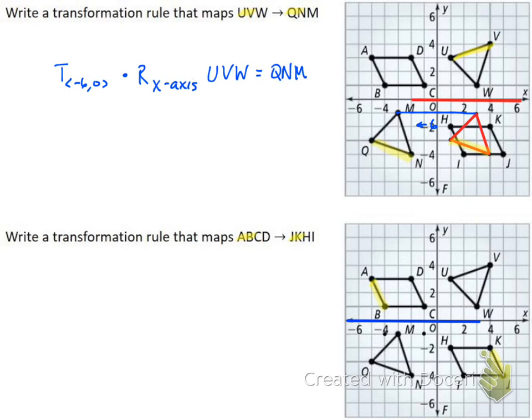this. Like that. Again, this is my AB. And then again, I can't slide it, so I've got to reflect it one more time. So I could do a reflection over my y-axis then.